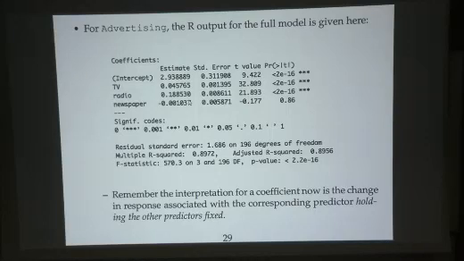We'll soon see how to run least squares multiple linear regression in R, but if you run the regression in R, it produces the following output. Here you see the intercept, which can be thought of as beta naught hat, then beta 1 hat, beta 2 hat, beta 3 hat.